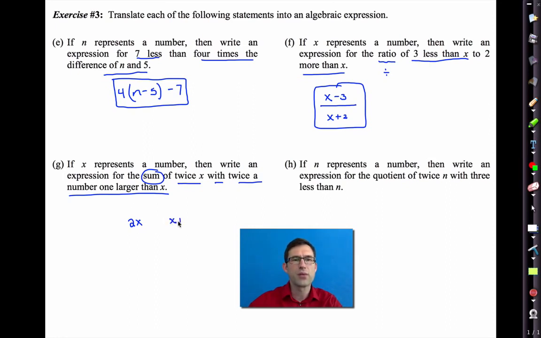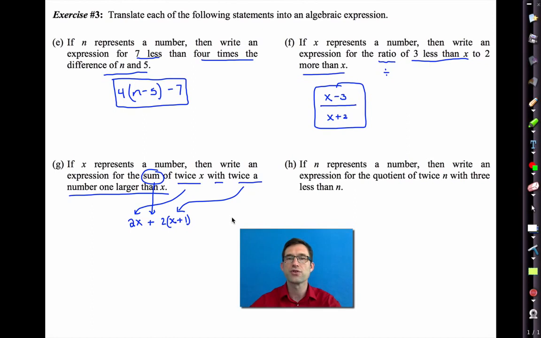Well, here's a number 1 larger than x. And here's twice that. Really important on the parentheses, and then I'm going to sum them together. So there's that sum, there's twice x, and twice a number 1 larger than x. Again, we could simplify that, but nothing in the problem tells us that we have to.